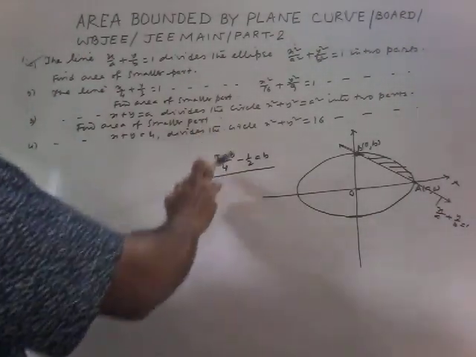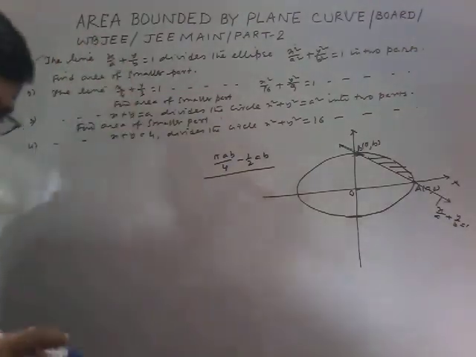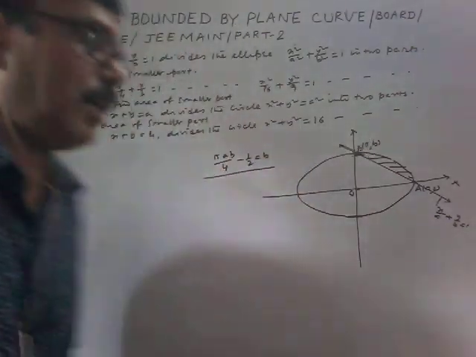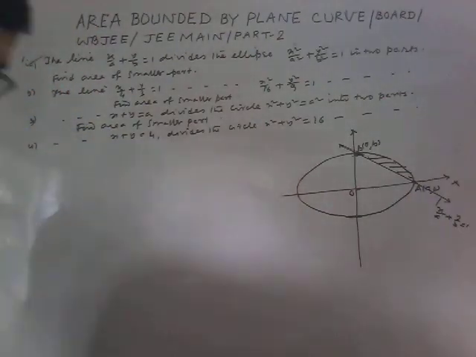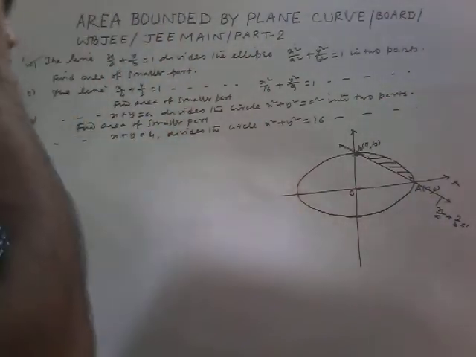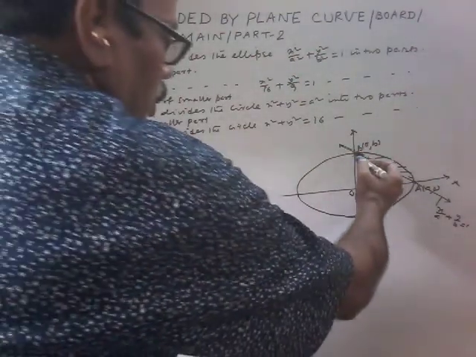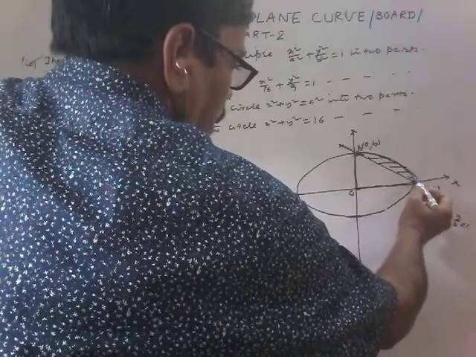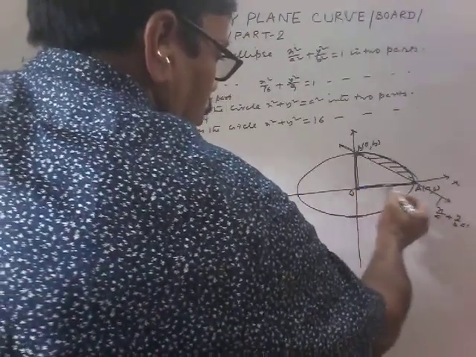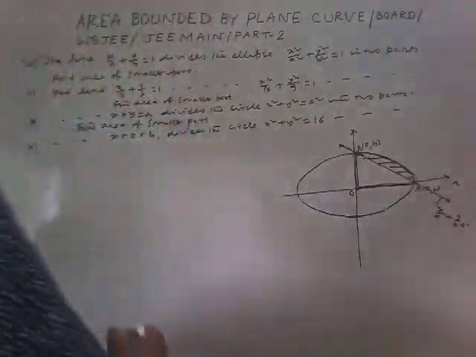But if it is a problem of board, you have to find the area by integration. Area of the shaded portion is 0 to a, this curve, minus 0 to a, this straight line.